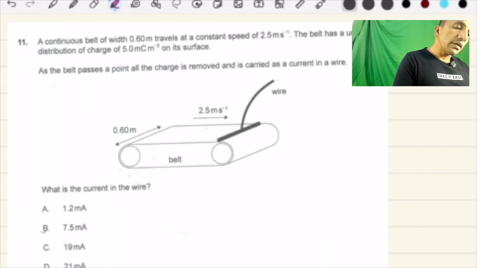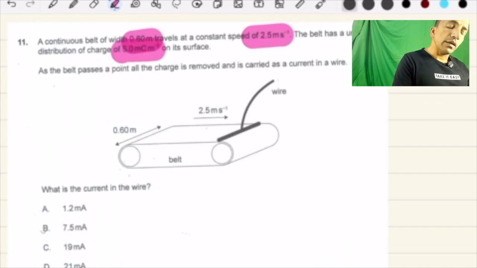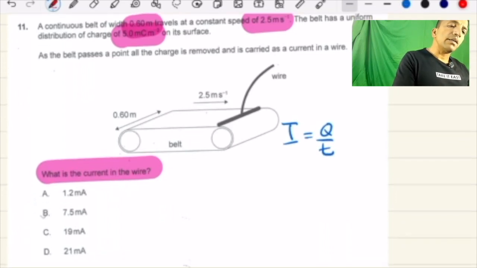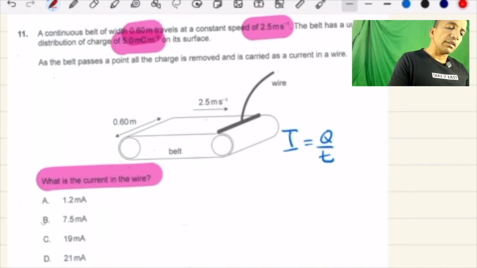Question number 11. A belt has a width and is moving at 2.5 meters per second, and it has a charge density per square meter. What is the current in the wire? Okay, let's start. Current is charge divided by time, right? The problem is how much is the charge.